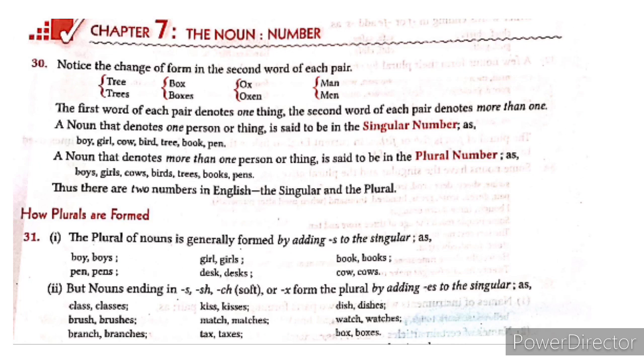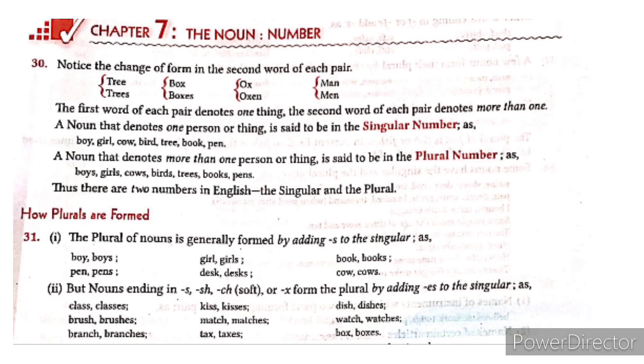We add es to it to make it plural. Clear? Now, match, it is ending with ch. Match is a singular noun which is ending with ch. Now, what will I do to make it plural? I will add es to it. So, any singular noun which is ending with s, sh, ch, what we do? We add es to it.